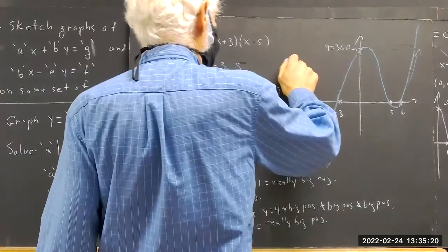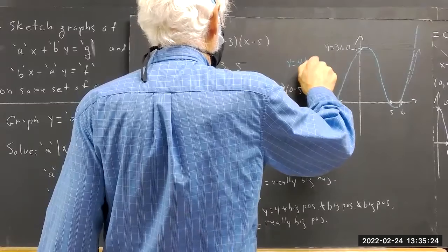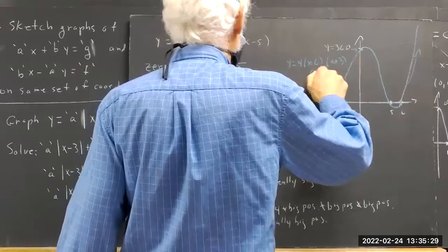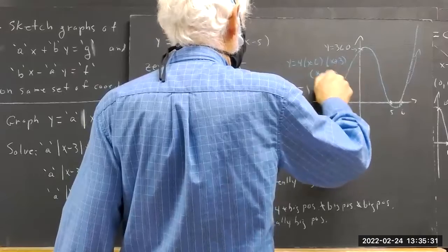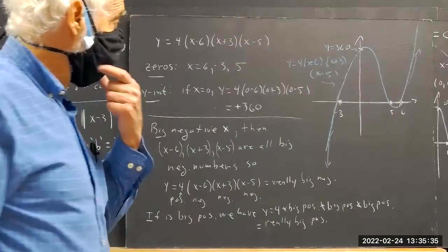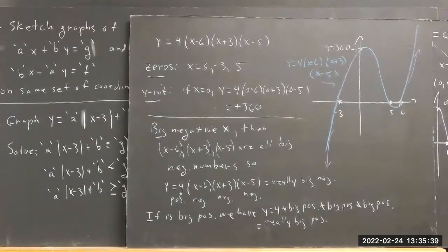So here is our graph of y equals 4 times x minus 6 times x plus 3 times x minus 5. Now, it's not a totally accurate graph. It's probably not too bad, okay? And that's really all there is.